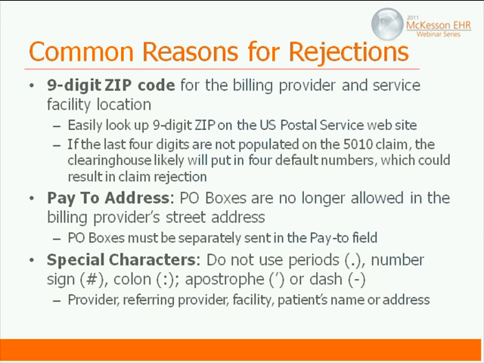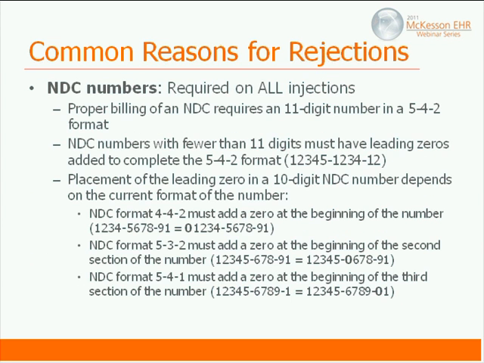So, for example, a hyphenated name, instead of using first last name hyphen and then the second last name, just put a space between instead of a dash. So little things like that you will want to start to get into a habit of not including in your information, your data that's pulling into your claim.